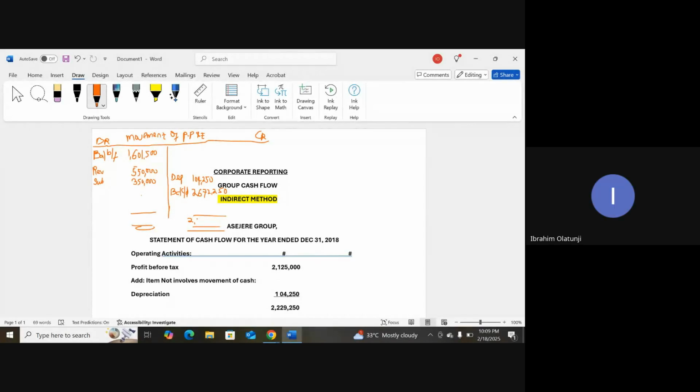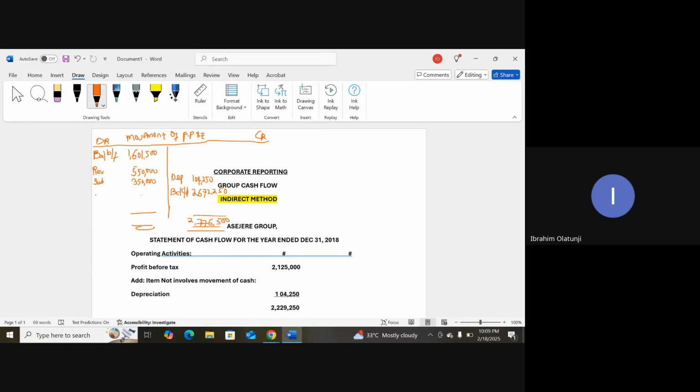I got 2,776,500 though. Yes, 2,776,500. Depreciation plus the balance brought down gives us 2,776,500. Check your figure. So when you now subtract this, what do you have?